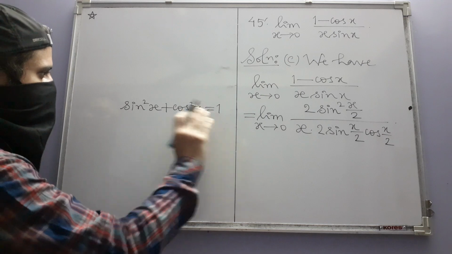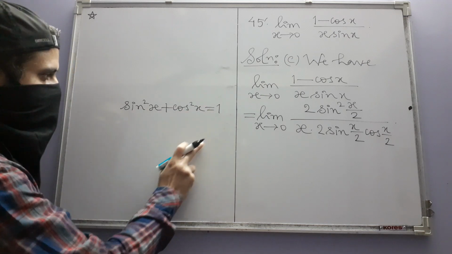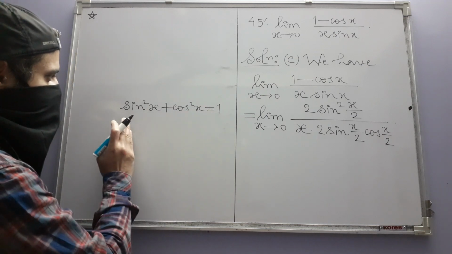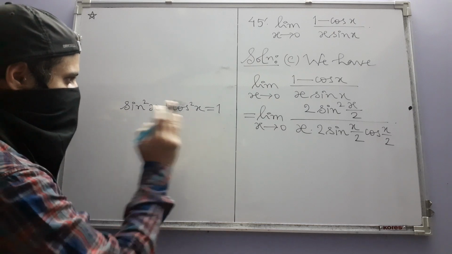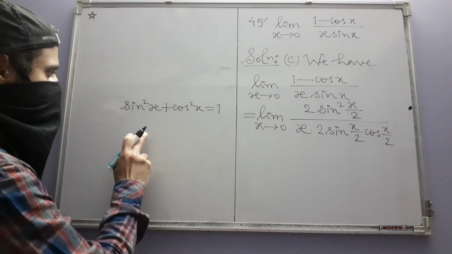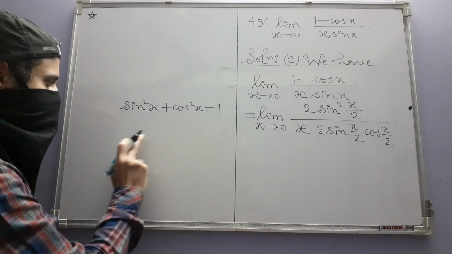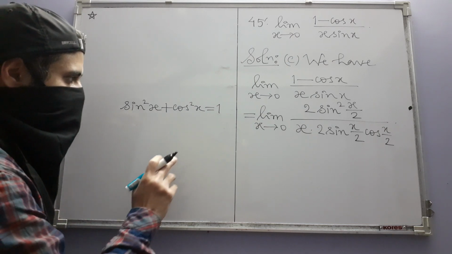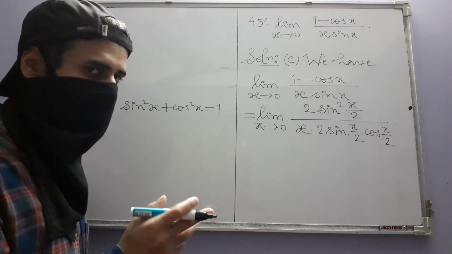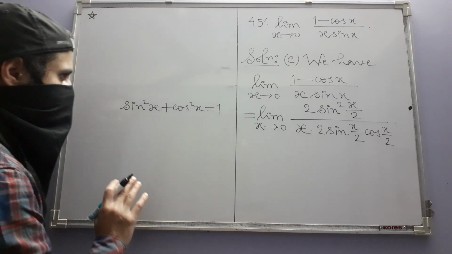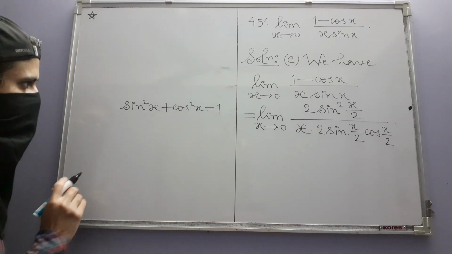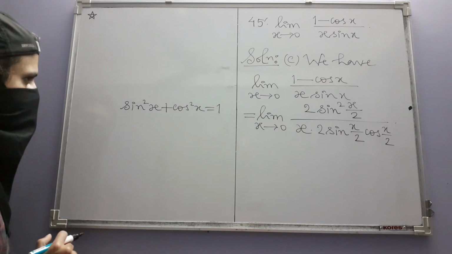Now, if you divide on both sides by cos square x, you get the formula that tan square x plus 1 equals secant square x. And if you divide on both sides by sine square x, you get the formula 1 plus cot square x equals cosecant square x. We don't need those things here, but we also have the angle sum formulas, right?